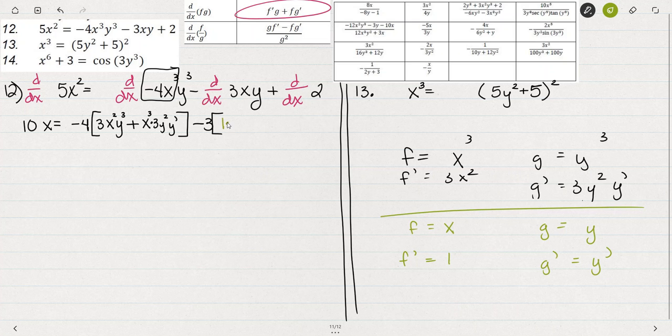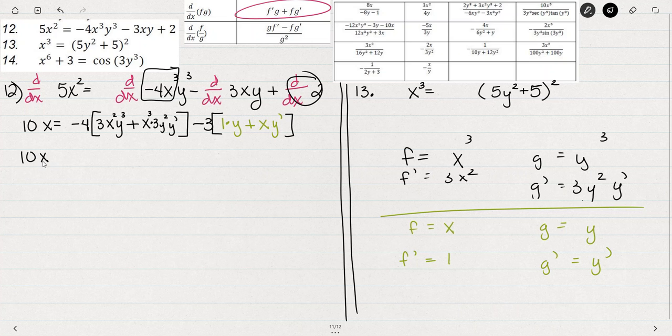I'll go ahead and write it. And g is y plus x times y prime. And that's it. And then I'm going to add to that the derivative of a constant, which is just 0. So you see it's not that bad, but I'm going to go carefully.